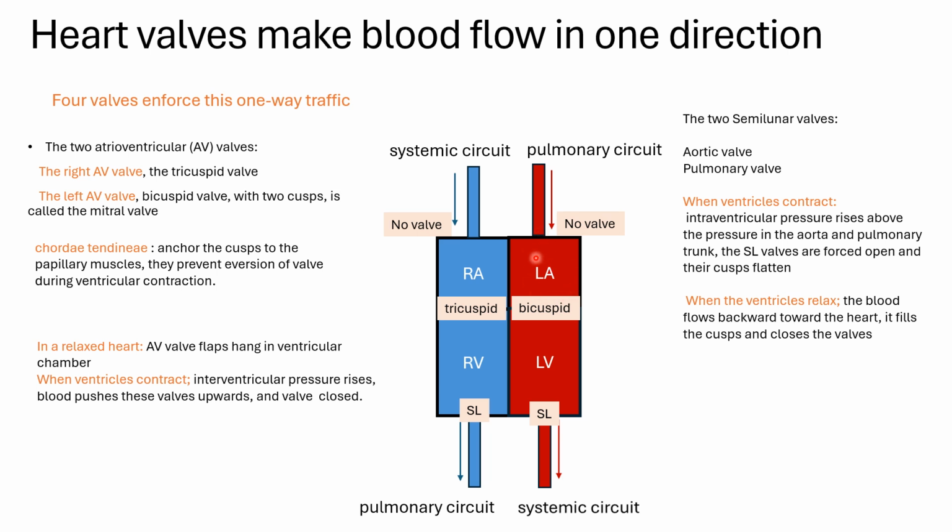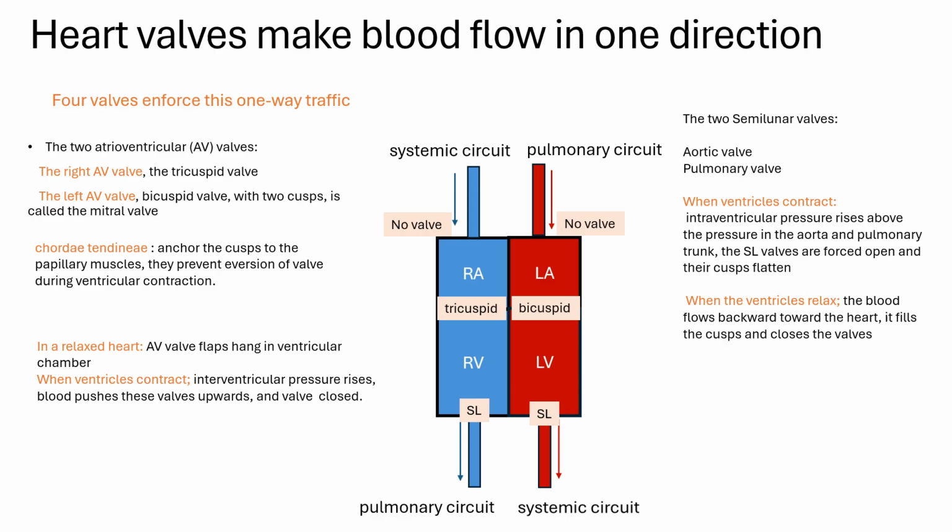And from the left atrium, the blood goes into the left ventricle. Between the left atrium and left ventricle, we have a bicuspid valve. This is also known as the mitral valve. Okay, and then from the left ventricle, the blood goes into the aorta, and between the left ventricle and the aorta, again we have a semilunar valve.